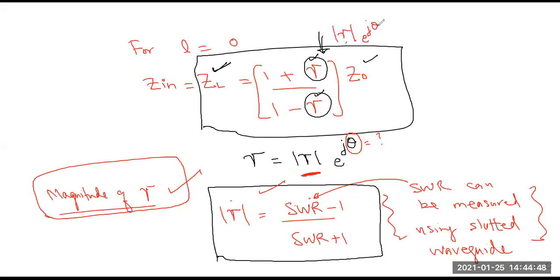So once you know magnitude, once you know theta, you will be able to find out ZL.